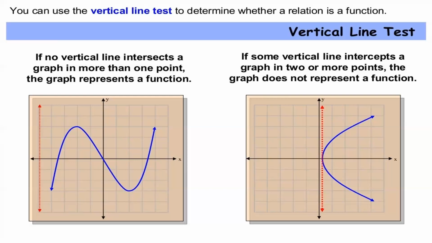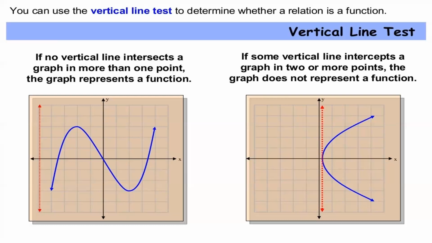So you can use the vertical line test to determine whether a relation is a function. If no vertical line intersects a graph in more than one point, the graph represents a function. If some vertical line intersects a graph in two or more points, the graph does not represent a function.